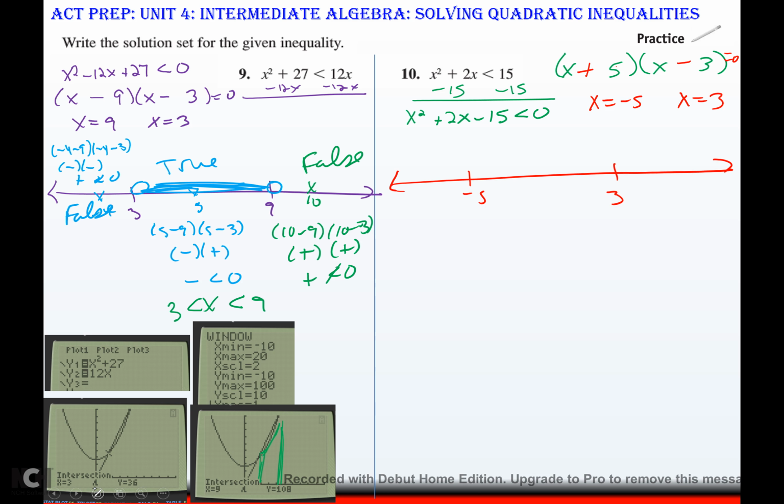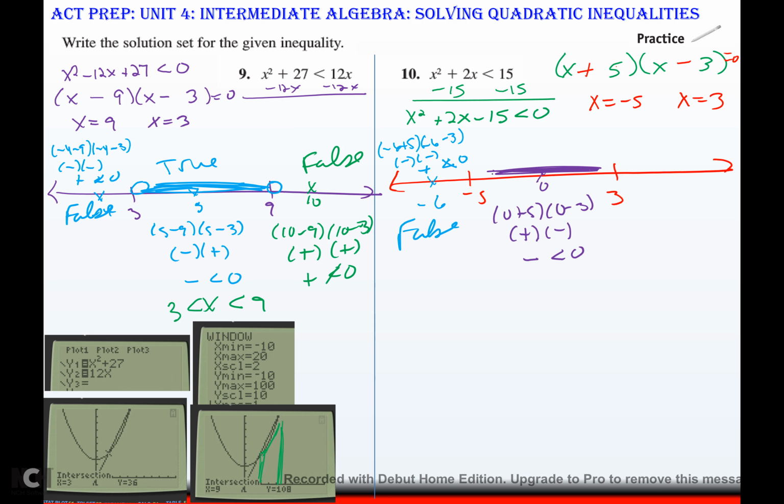And now we test. So if I test something down here like negative 6, I'd have negative 6 plus 5, negative 6 minus 3. That's going to be a negative times a negative, which is a positive, which is not less than 0. So this is false, which means probably the middle is true, but let's check it out. 0 is an easy pick. I have 0 plus 5, 0 minus 3. That's going to be a positive, a negative, which is less than 0.